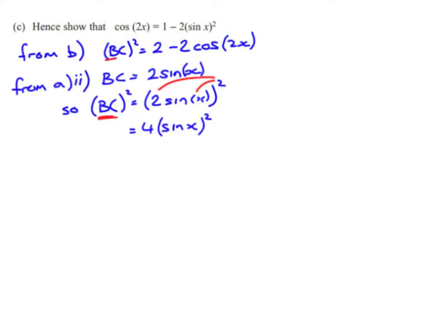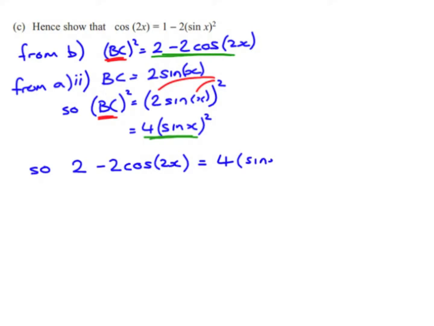Now these two BC squareds are both the same, so the things that they are equal to must themselves be equal. So that means that 2 minus 2 cos 2x must be equal to 4 lots of sine x all squared.